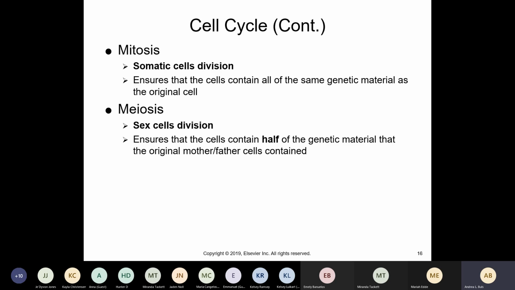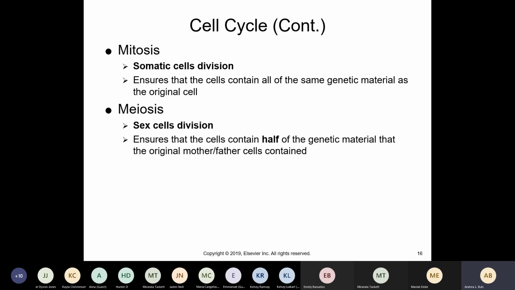Mitosis happens with our somatic cells. These are all of the cells of your body with the exception of our sex cells. Mitosis ensures that cells contain all of the same genetic material as the original cell. So it splits off and creates another one just like itself.